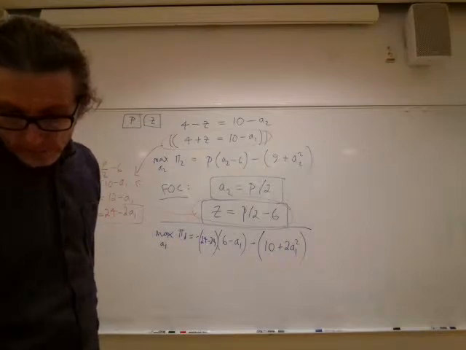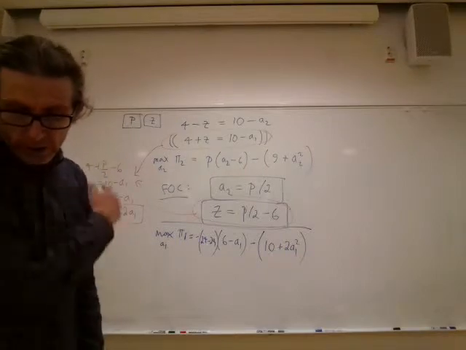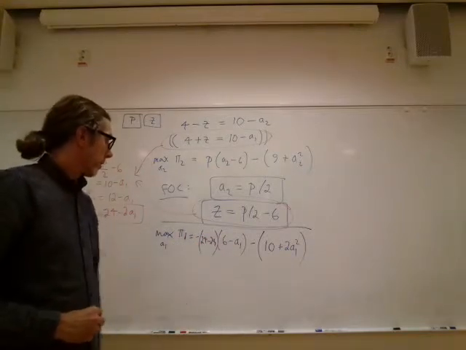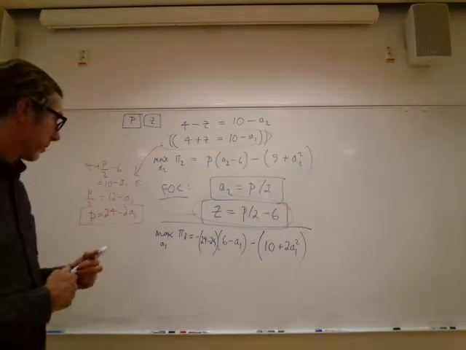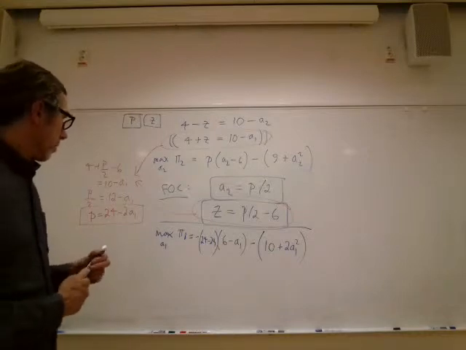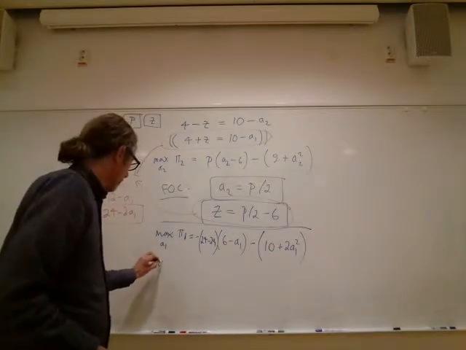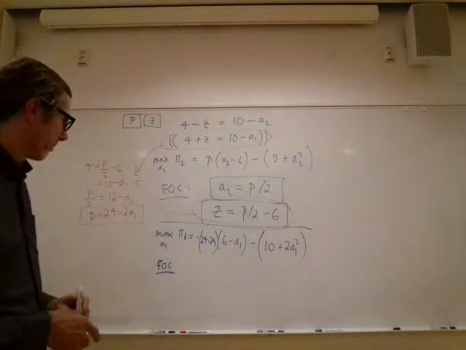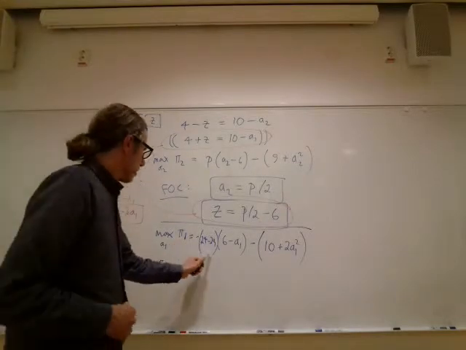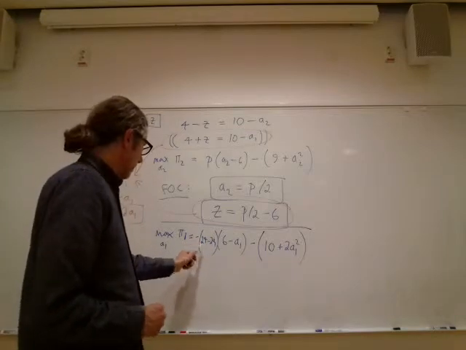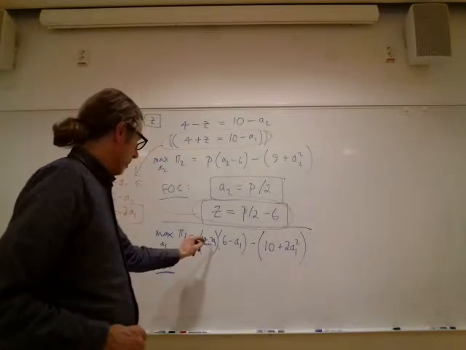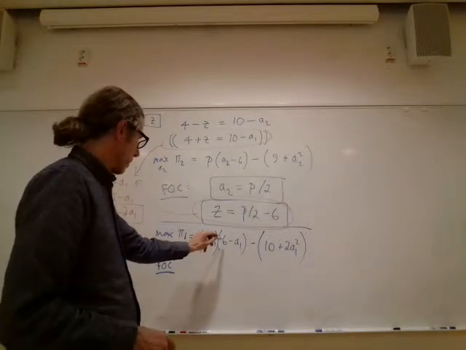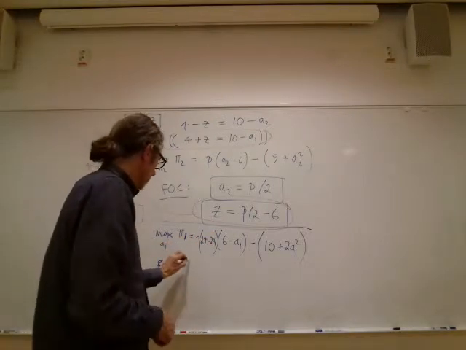Then if we insert this expression for P and take the first order conditions, what do we end up with? If we differentiate this, we get minus 2, so minus minus 2 is plus 2 times 6 minus A1.